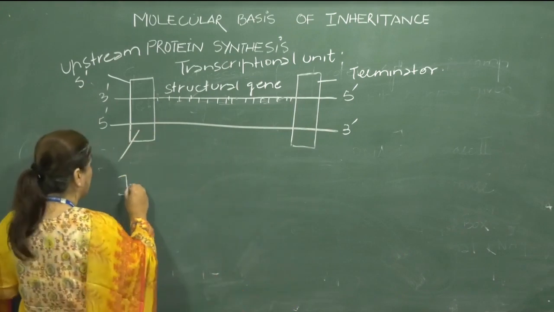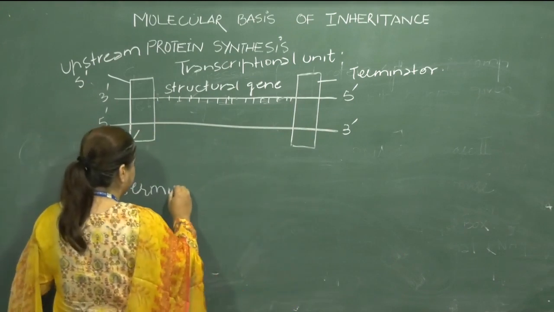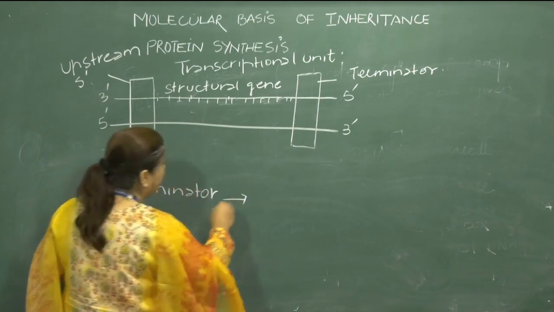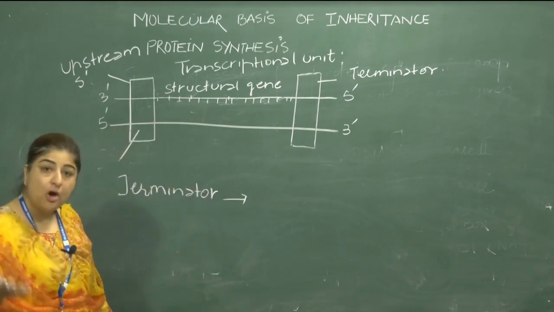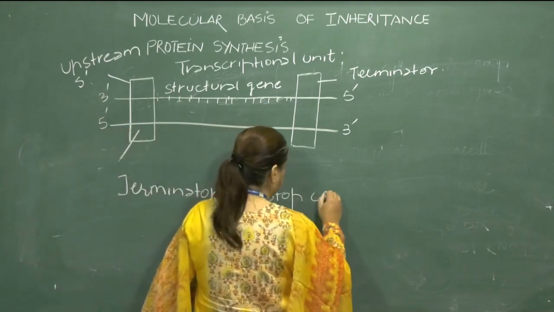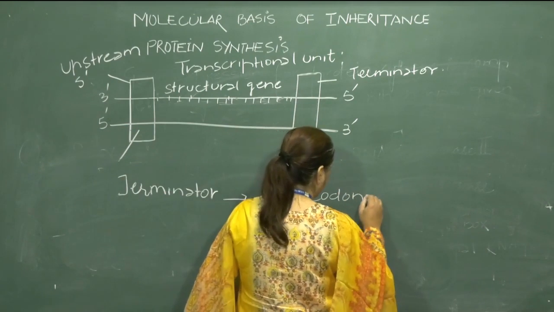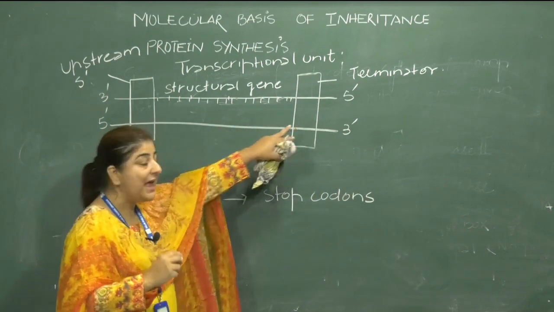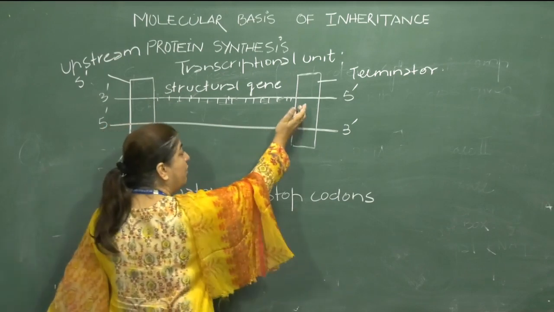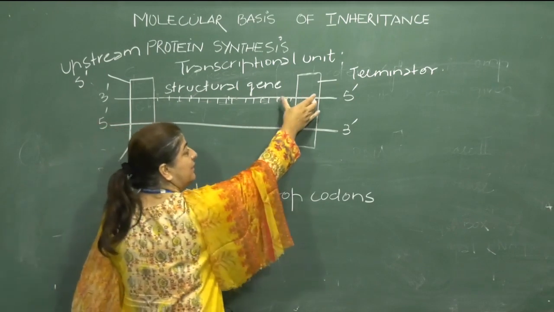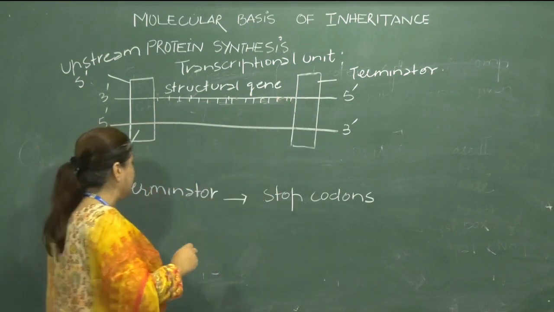The terminator region basically contains stop codons. So these stop codons help in the removal of the mRNA transcript from this terminator sequence.